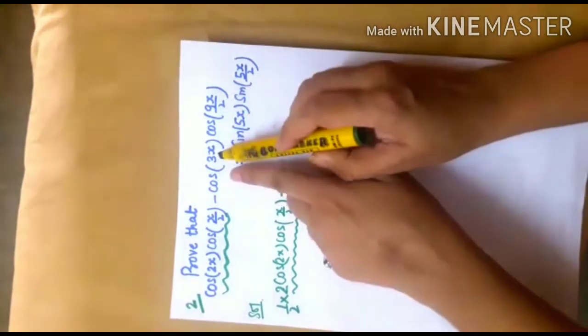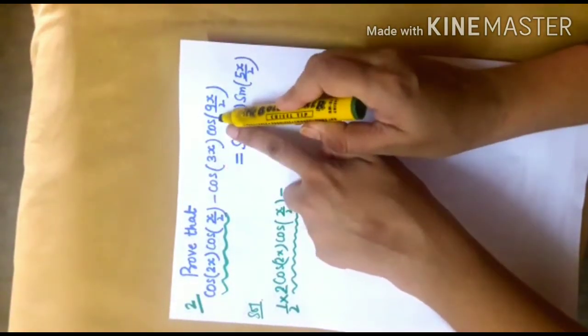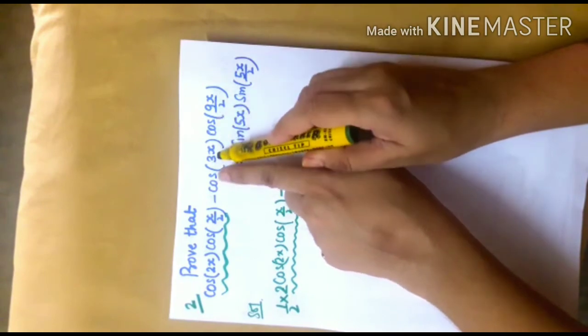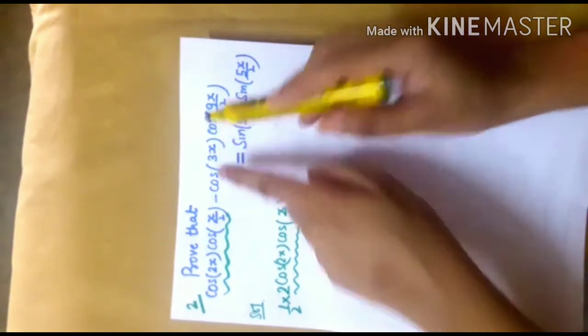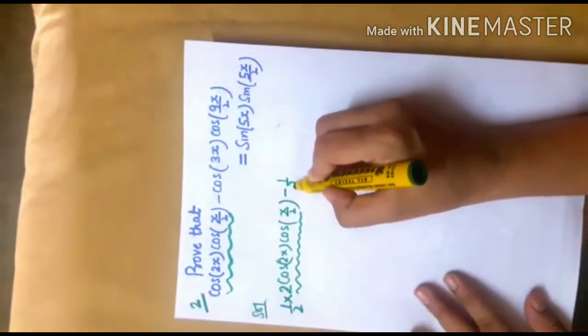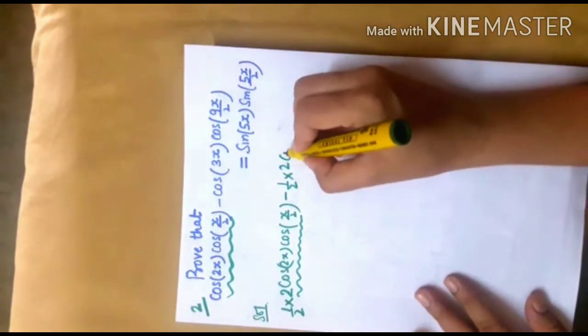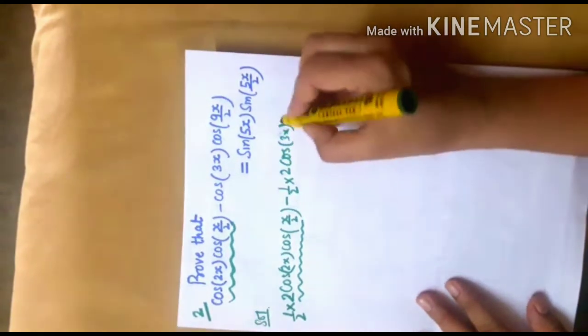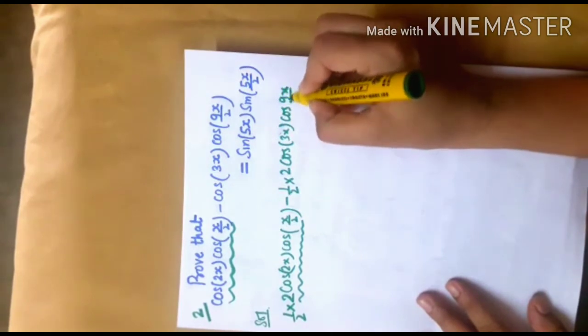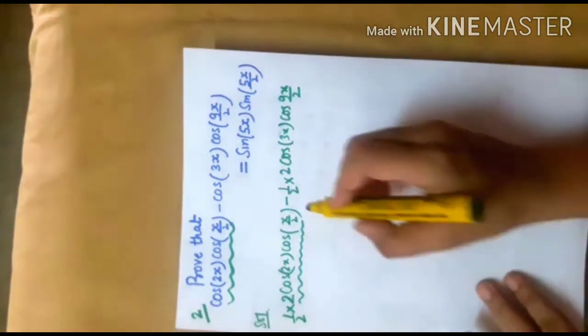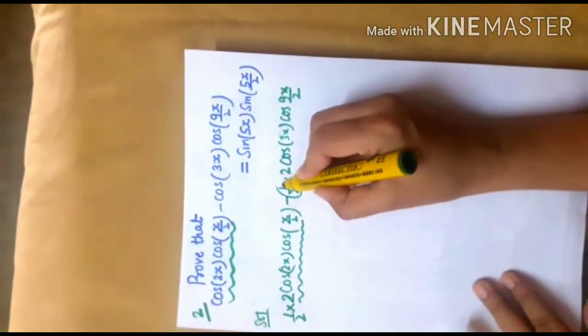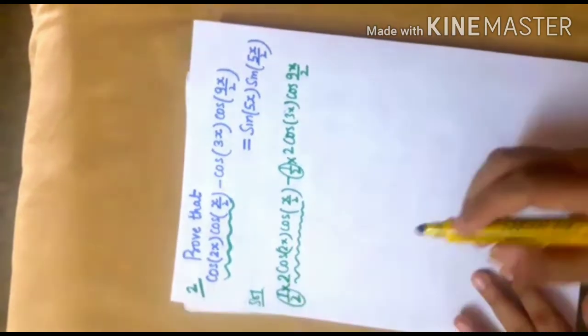Similarly, this is again cos x cos y. So I multiply and divide with 2. So I'll get 2 cos 3x cos 9x by 2, right? Now I take this factor common.